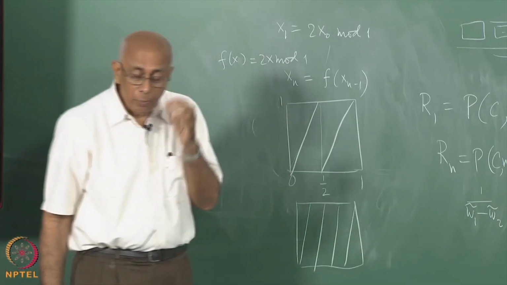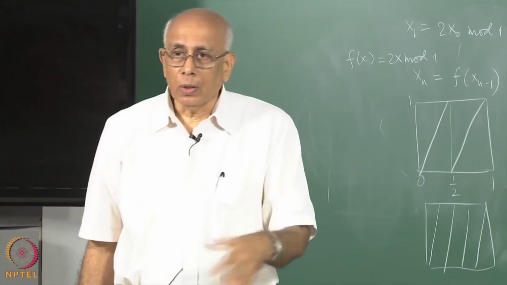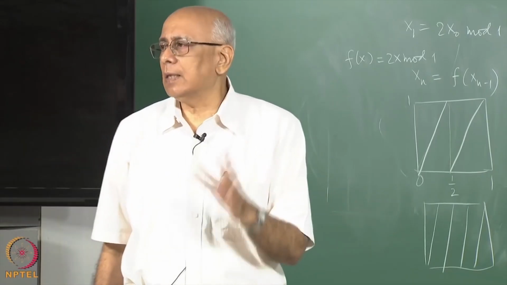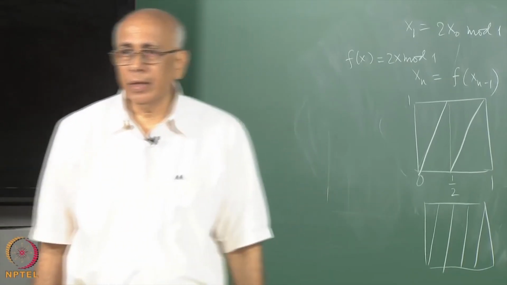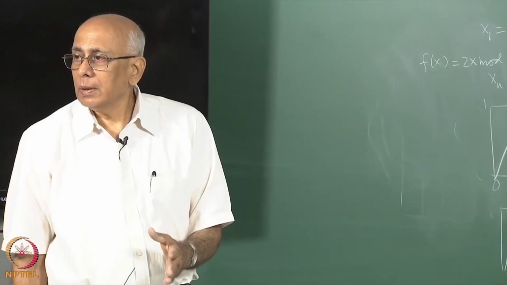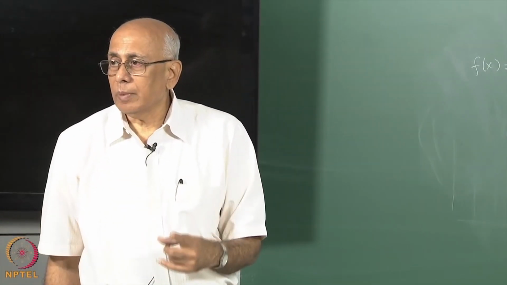And a typical point, if you start with an x naught, will, as time goes along under this rule, fill the entire unit interval densely and uniformly. You can show that the invariant measure is constant in this case, for a typical point. But if you start with a rational point, it will be part of a periodic orbit.